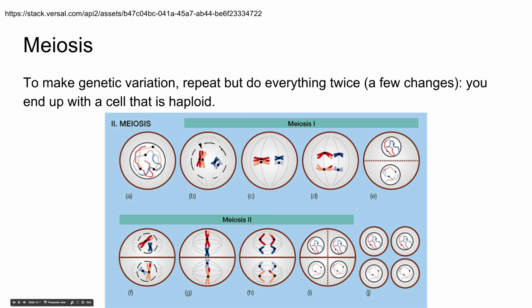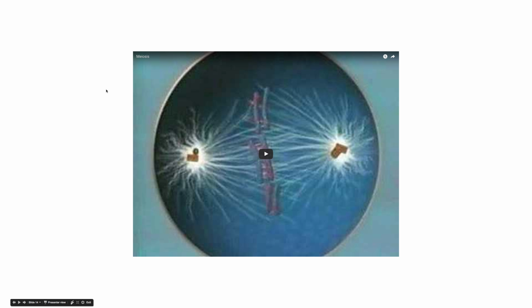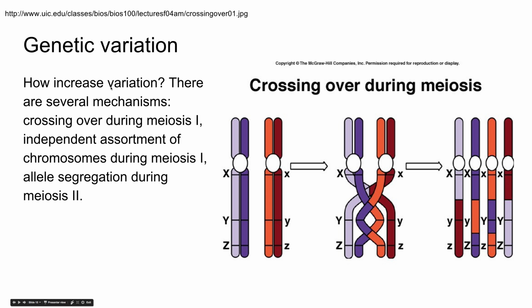There's another thing that goes on, which I think I have on the next slide. I'm going to put it here. And it's this phenomenon that we call crossing over. So what happens is when we pair up chromosomes, meaning a chromosome 1 with a chromosome 1, one from mom, one from dad, through a whole bunch of mechanisms that we don't necessarily care about, we can actually reshuffle parts of the chromosomes, meaning the chromosome from mom and the chromosome from dad don't end up being only from mom and only from dad.